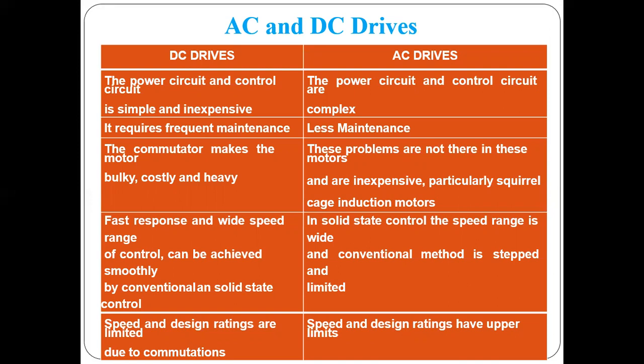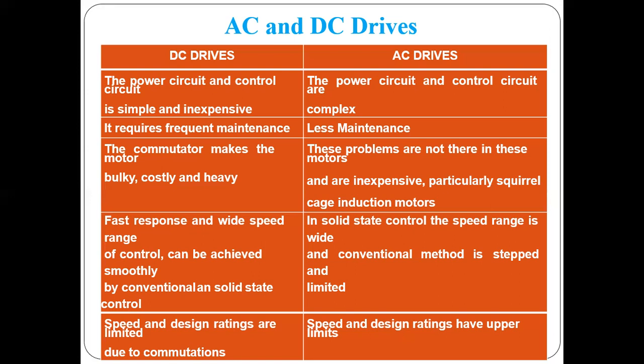Next, in the case of DC drive, the commutator makes the motor bulky, costly, and heavy, as we already discussed earlier. But in the AC drive, these problems are not there, obviously because of the absence of commutator and brushes.